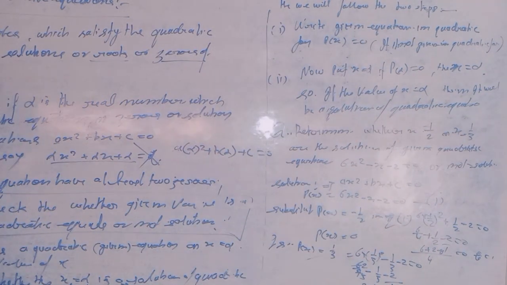You know that this is a negative value, it is not 0. So 1 by 3 is not a solution of the quadratic equation.